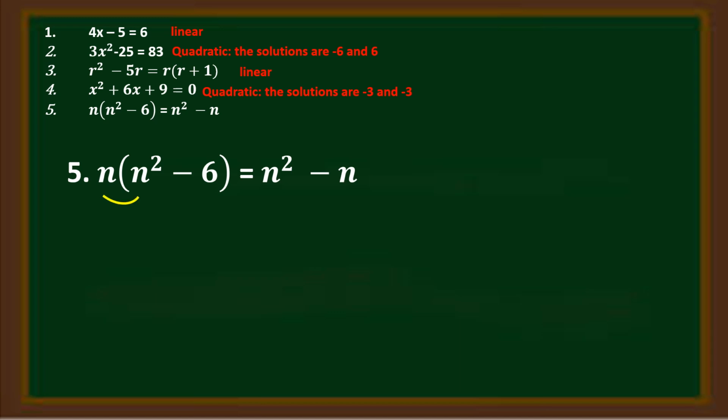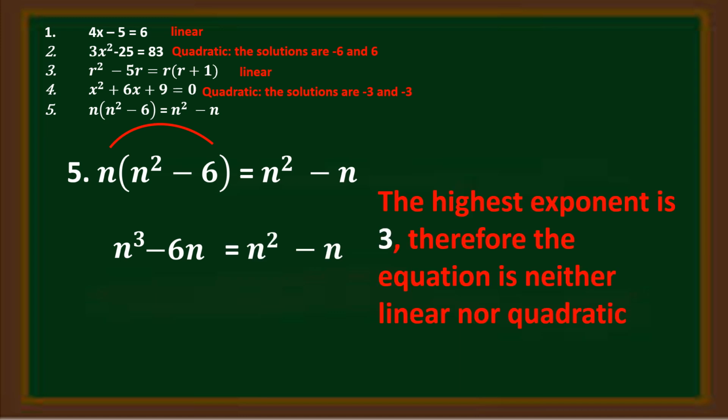So, n times n squared is n cubed, and n times negative 6 is negative 6n. Then we'll be copying the terms on the right side. We can see in here that the highest exponent is 3. Therefore, the equation is neither linear nor quadratic.